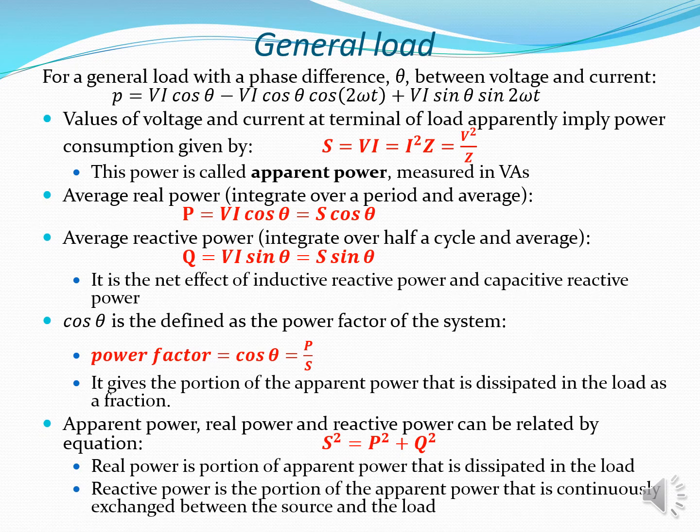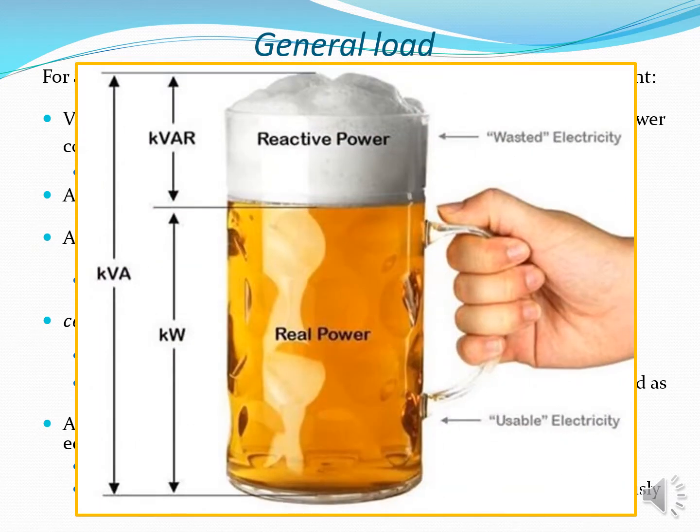And so if you look at those expressions, then you realize that for a certain load, S squared is P squared plus Q squared. We will look at it when we look at the power triangle. So that is the general impression of our power, where the real power or the real work is being done by this part of the power.